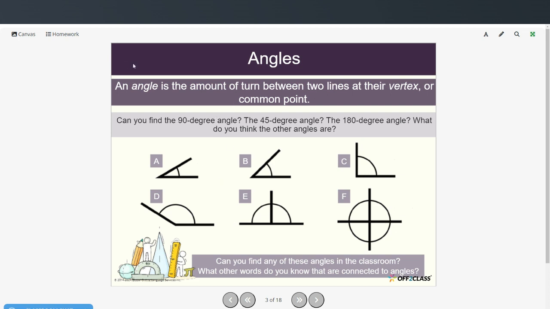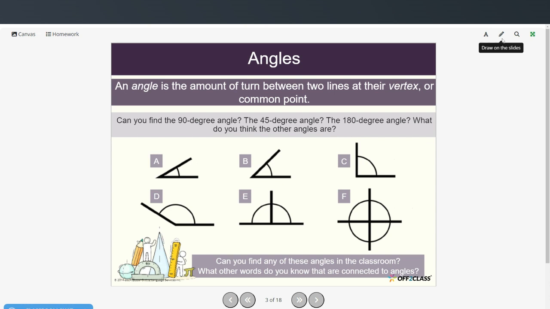Alright, so can you find, an angle is the amount of turn between two lines at their vertex or common point. So can you find the 90-degree angle, the 45-degree angle, the 180-degree angle, and what do you think the other angles are?